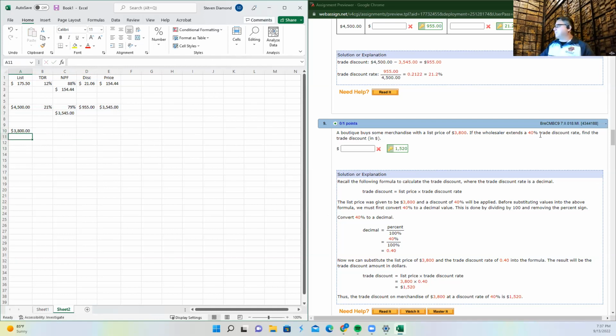They give us a 40% discount rate. Now they want us to find the trade discount in dollars. Let's go ahead and find our net price factor while we're at it. It's 1 minus this, which is going to give us 60%. So that makes sense.